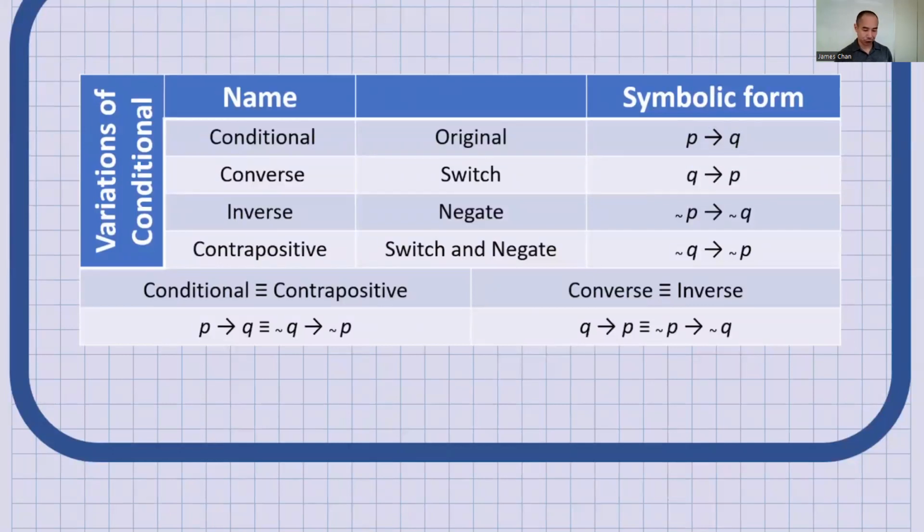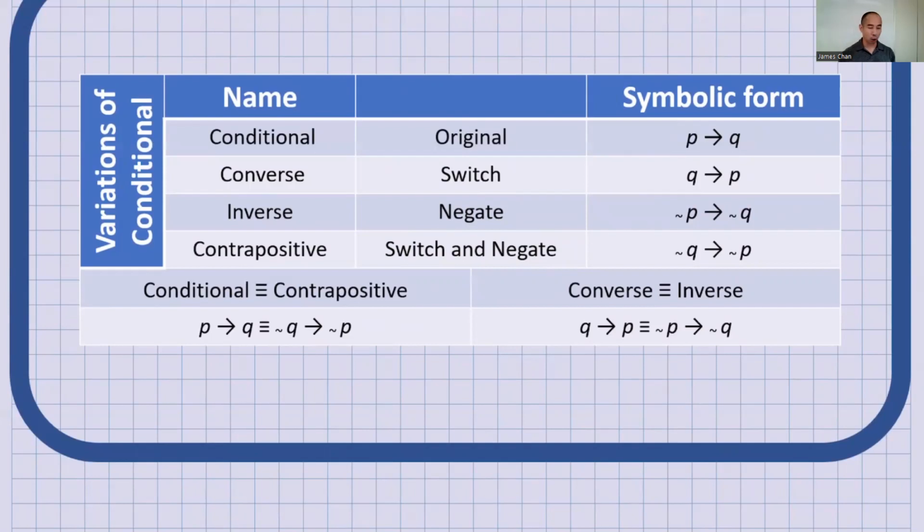The converse, inverse, and contrapositive, you guys are going to need to know what they mean. To me, the easiest way to remember is switch, negate, switch and negate. Converse are sneakers. You would switch your sneakers.